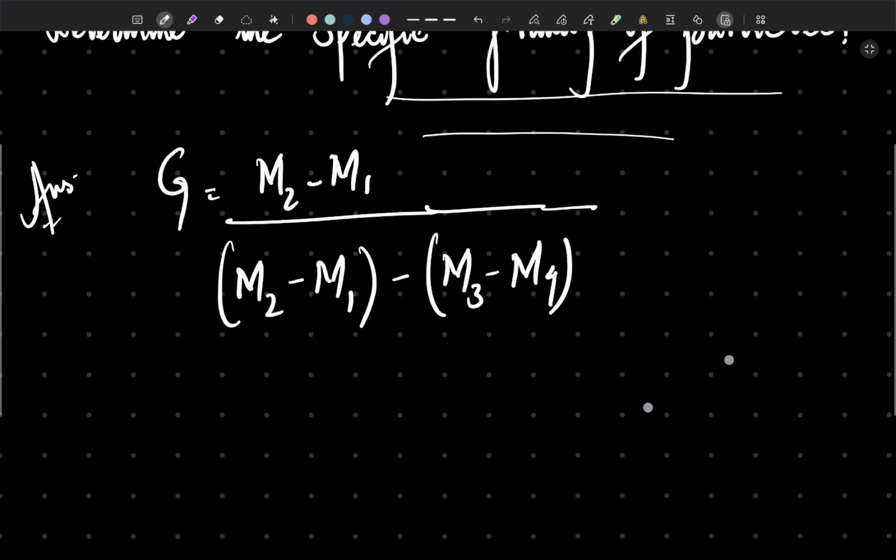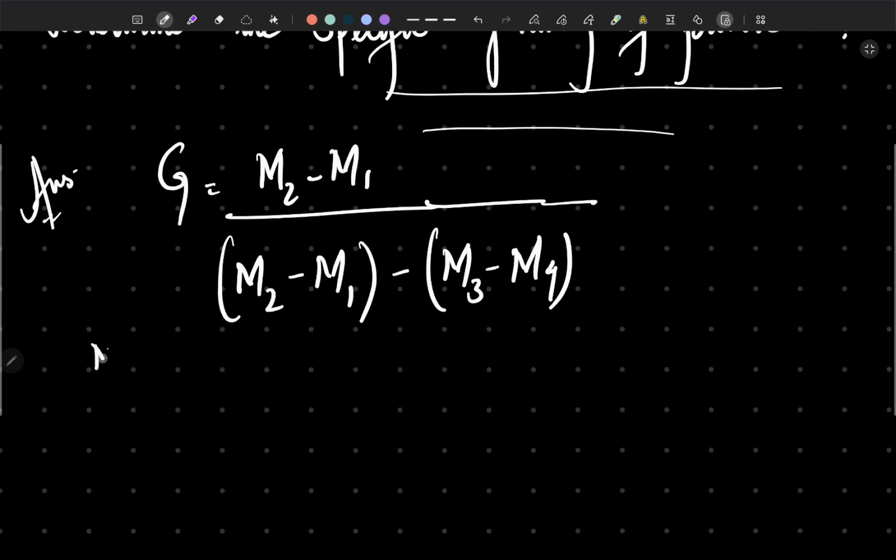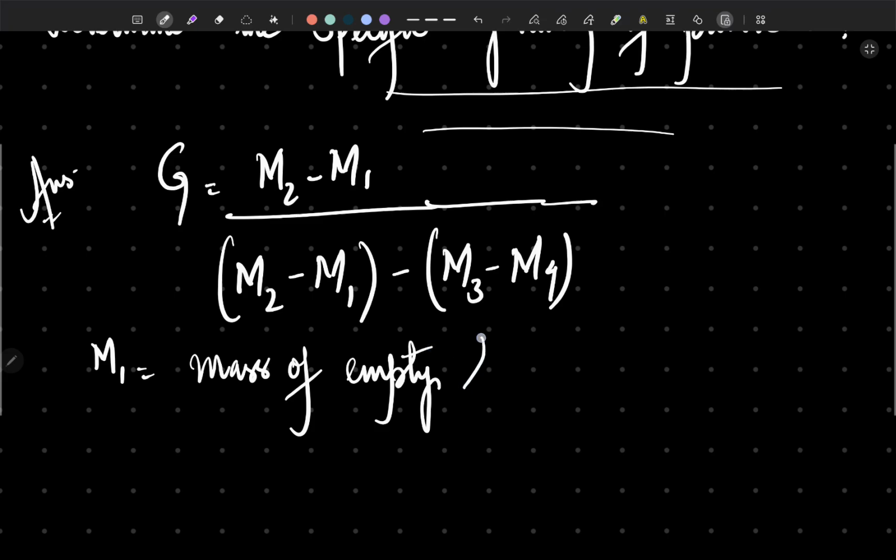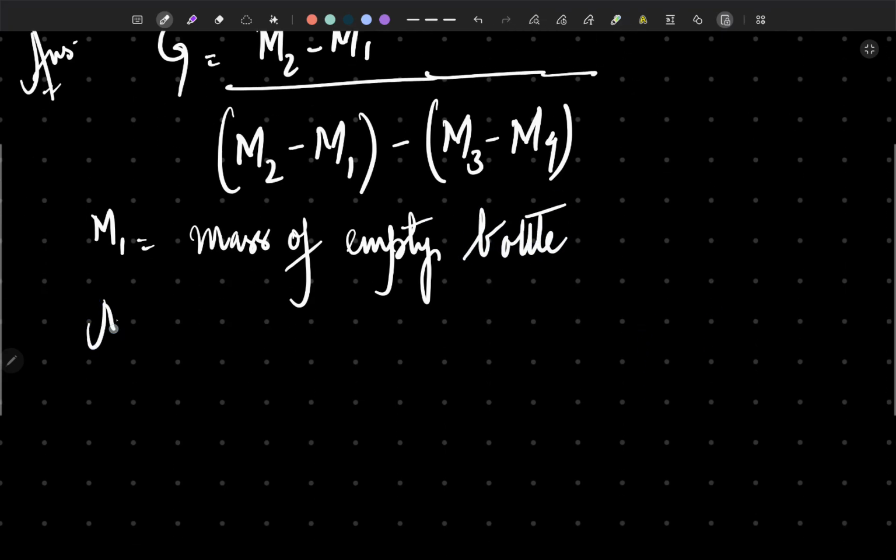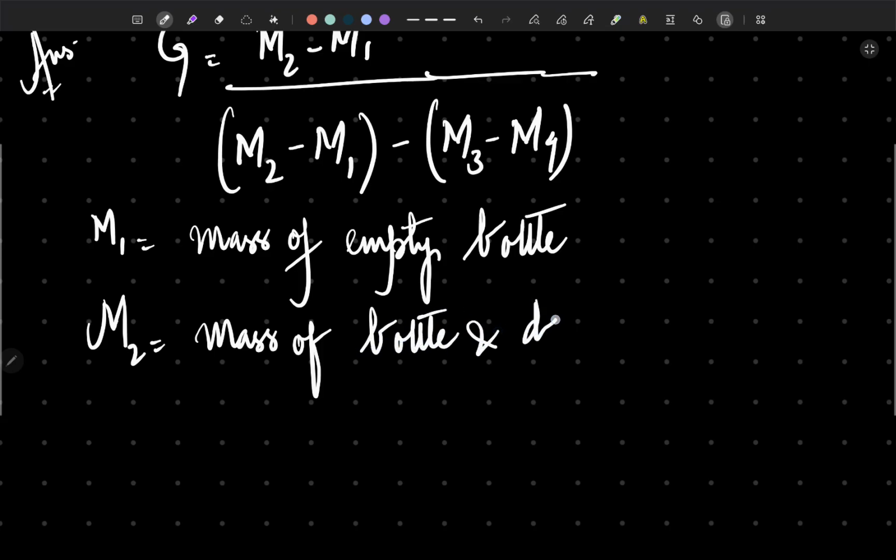Here in this equation, m1 is the mass of the empty bottle. m2 is the mass of the bottle and dry soil.